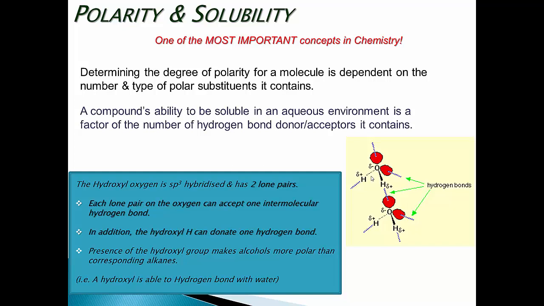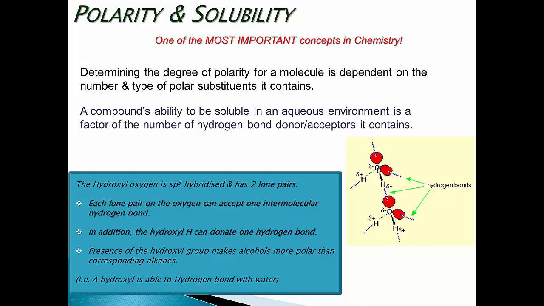So the compound's ability to be soluble in an aqueous environment, so in a water environment, is a factor of hydrogen bond acceptors and hydrogen bond donors. So a refresher on what that is. Looking at this picture here, we have an electronegative oxygen, we've got hydrogens bonded to it, we have a dipole across these bonds, so you can see that's indicated by the delta negative and the delta positive.